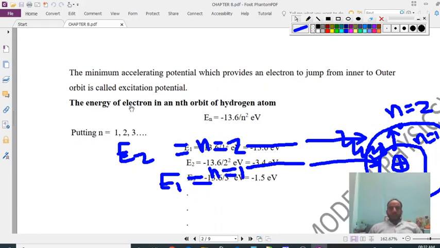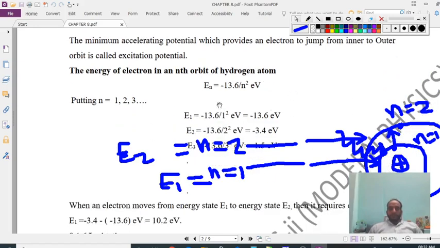The energy of an electron in the nth orbit of the hydrogen atom. For the hydrogen atom, the general energy formula is written as En is equal to minus 13.6 divided by n square electron volt, and we put the values of n as 1, 2, 3 and so on.